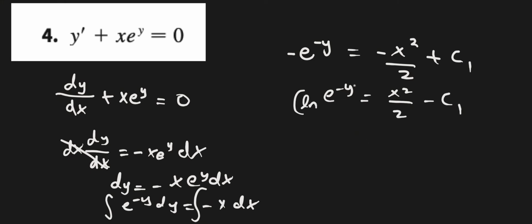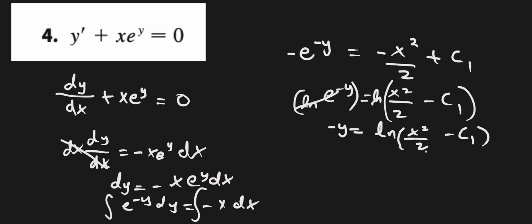Take the natural log of both sides. The natural log of e to the negative y is negative y, which is equal to the natural log of x squared over 2 minus c1. Divide by negative 1, so y is equal to negative natural log of x squared over 2 minus c1.